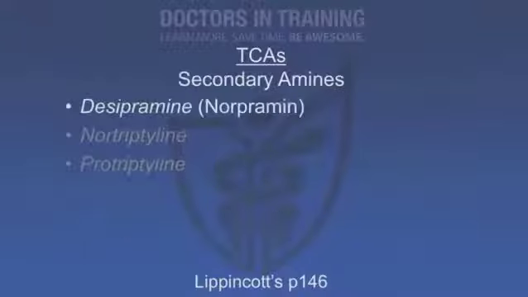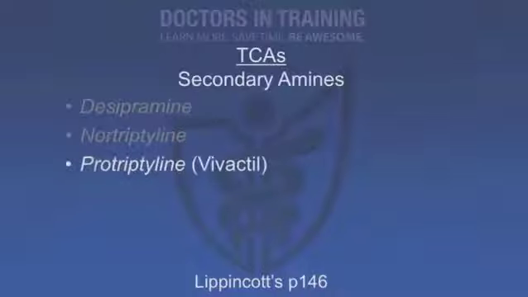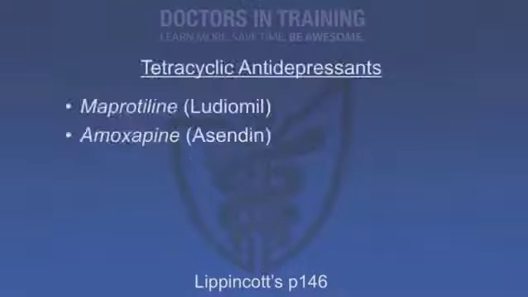You also have the secondary amines in this class, which include desipramine, nortriptyline, and protriptyline. Maprotiline and amoxapine are related tetracyclic antidepressants that are also commonly included with this class of medications.